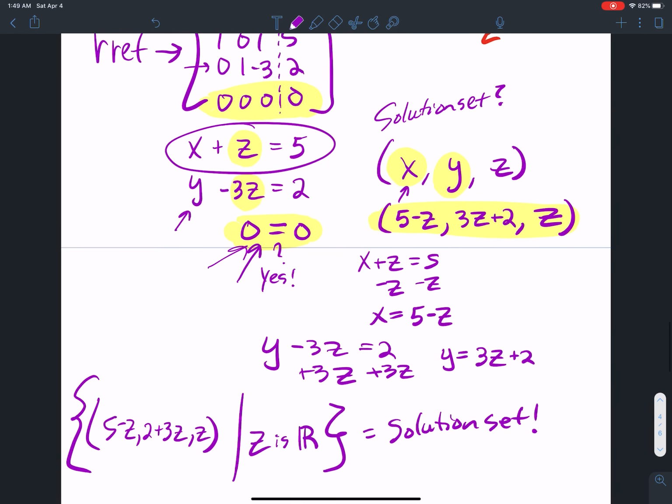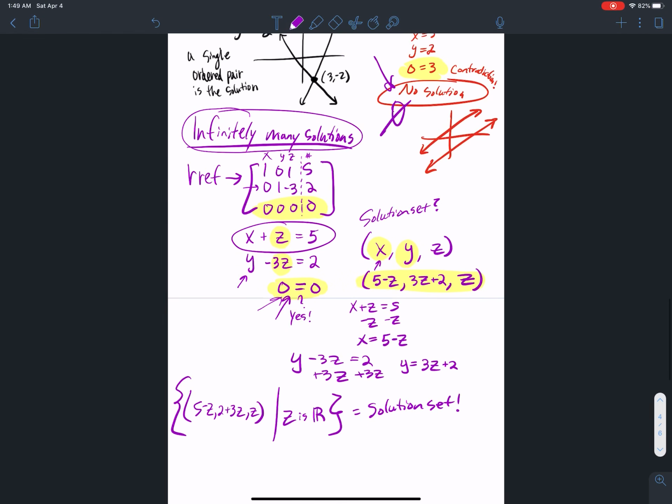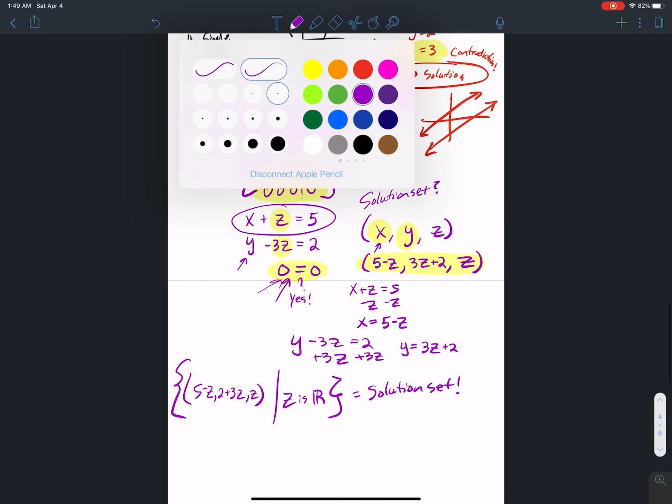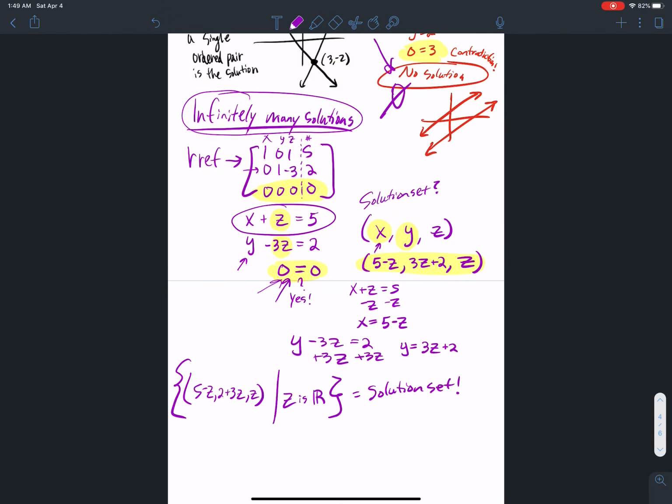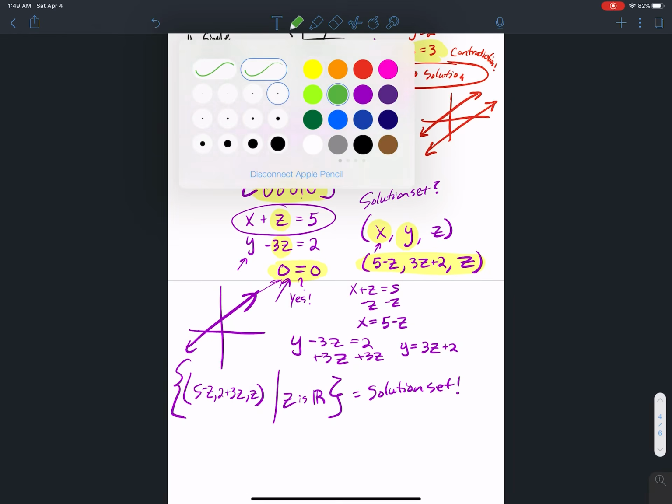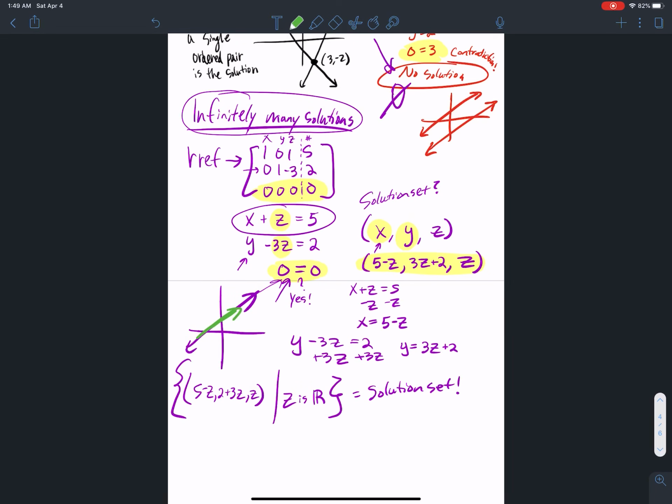Okay, guys, so you have seen it all now. So like in a 2D space, what would this look like? This would be like if I have a line, and then guess what? There's a line on top of another line. There are infinitely many solutions to that equation.